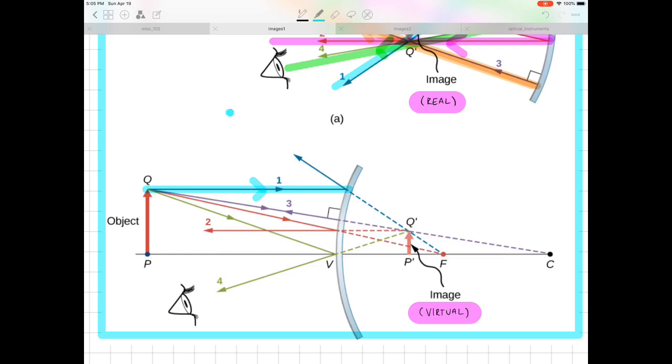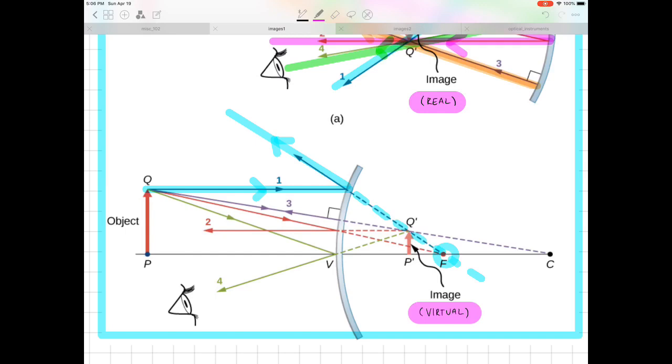Now this ray reflects off of the mirror and reflects away from the optical axis, and it reflects in such a way that if you trace the ray back, it passes through the focal point behind the mirror. So that's ray 1.